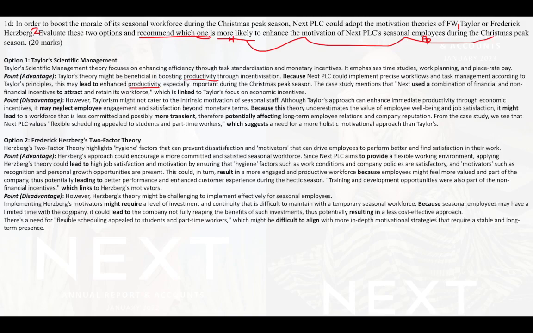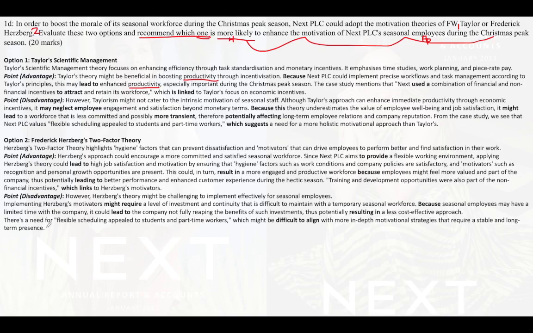There's a need for flexible scheduling to appeal to students and part-time workers, which might be difficult to align with more in-depth motivational strategies that require a stable and long-term presence. Okay, so it's not saying that using Herzberg is not effective.